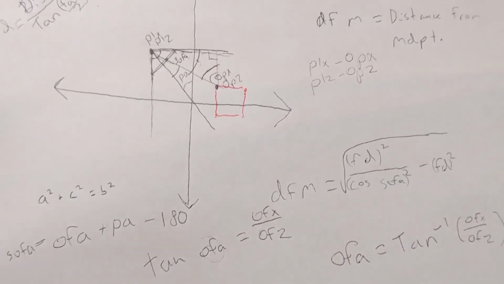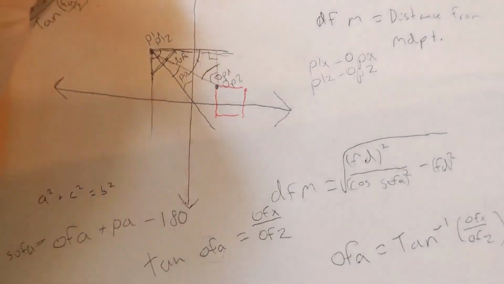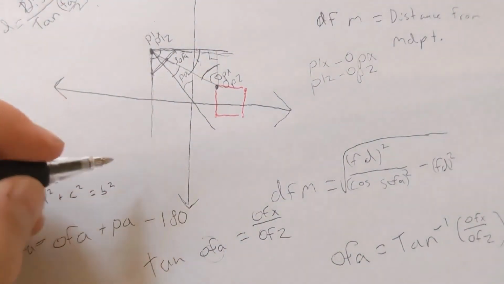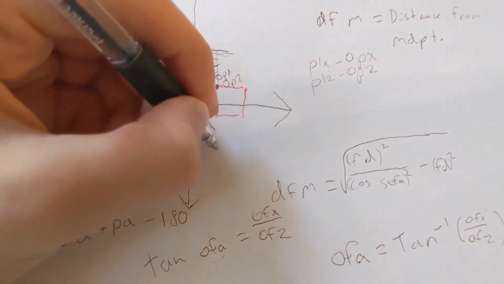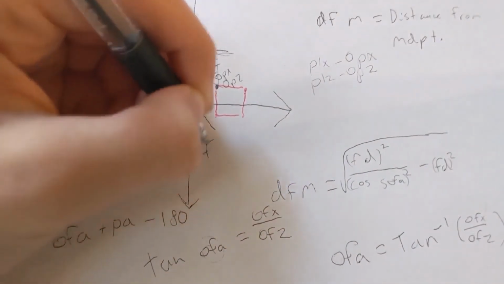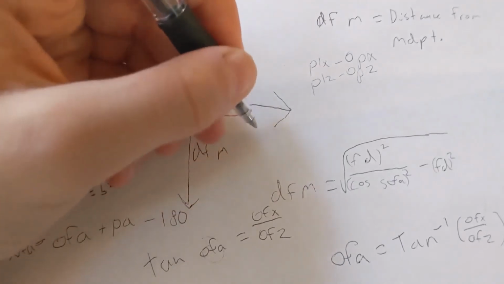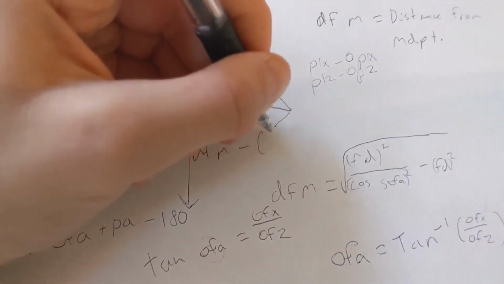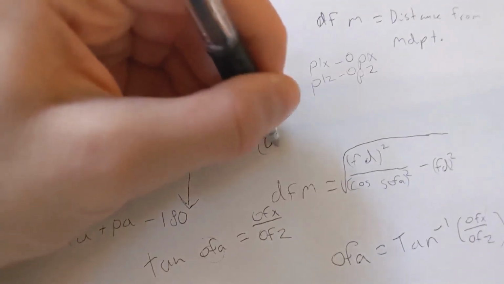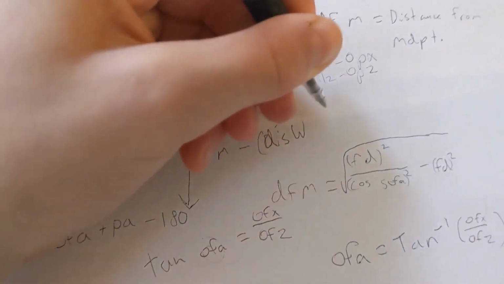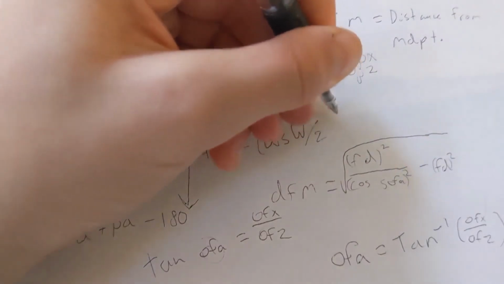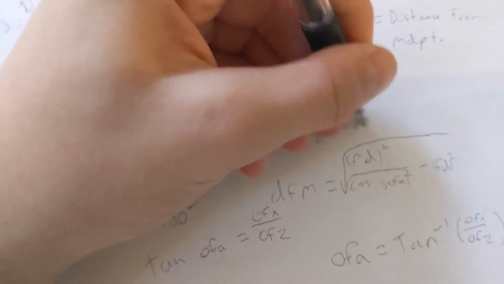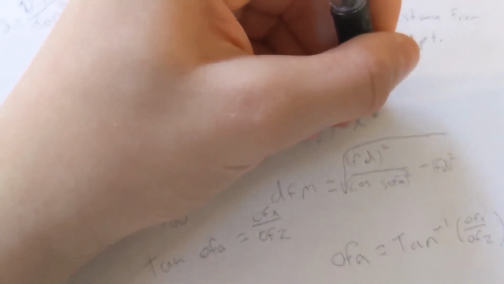So we've got distance from midpoint minus the display width over 2 equal to X coordinate.